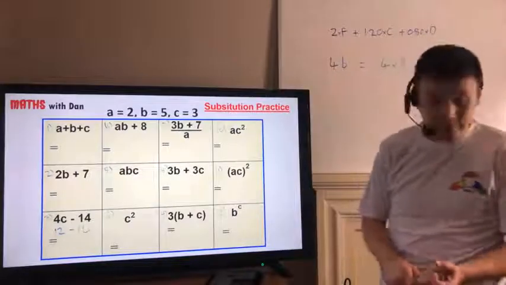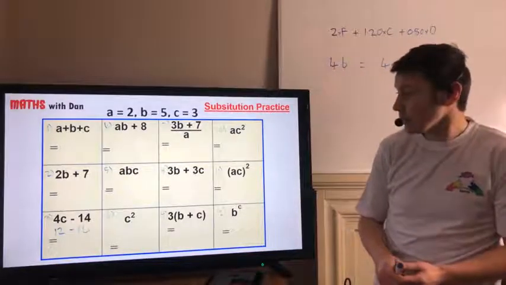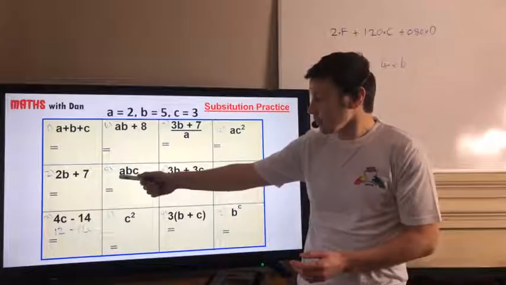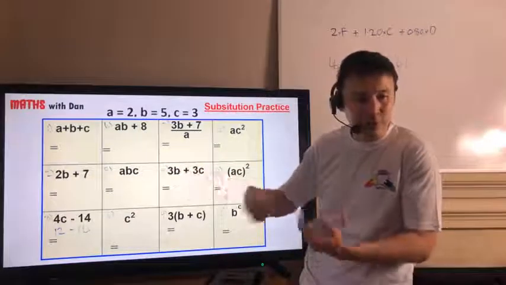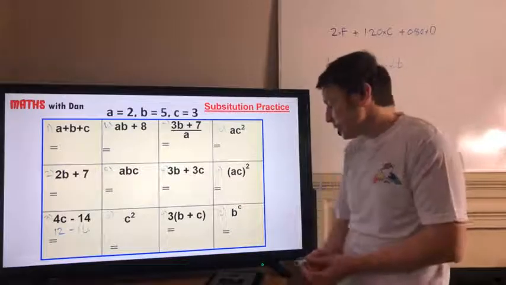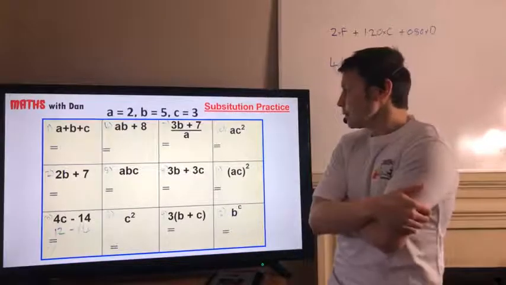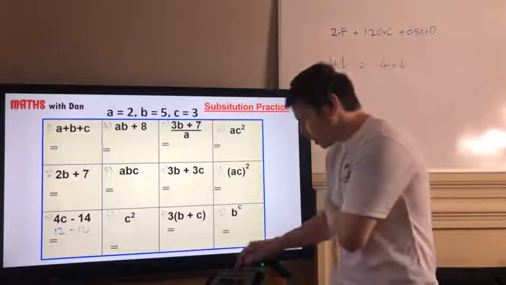On question 5, do you times them separately? Do A times B and then times your answer by C. So just keep timesing.